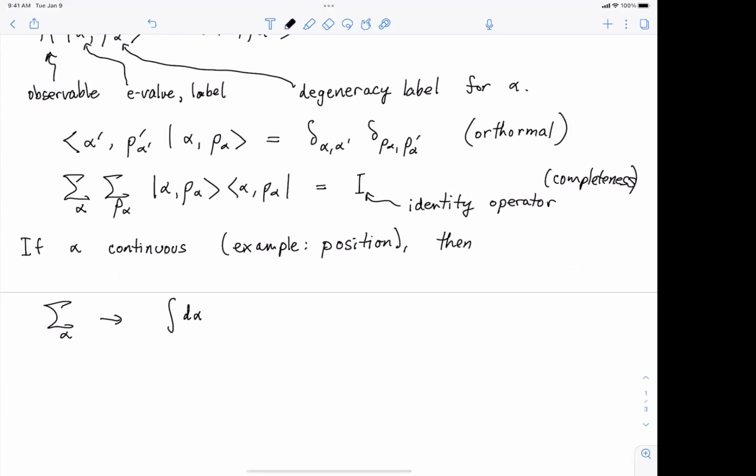So you integrate over alpha. And instead of the Kronecker delta, delta alpha alpha prime, you're instructed to use a delta function, a Dirac delta function. Okay, so together, those continuous ways of doing things, that's called Dirac orthonormality.